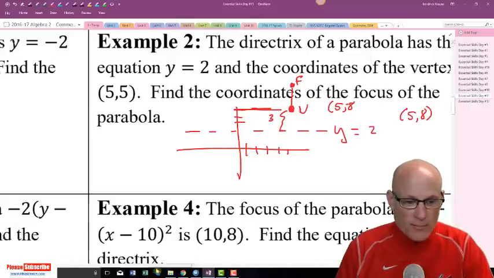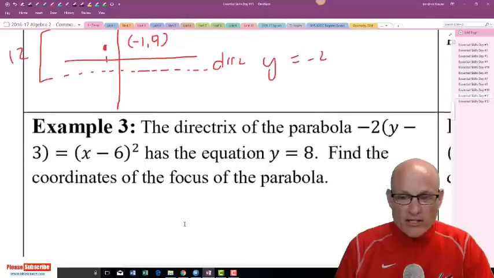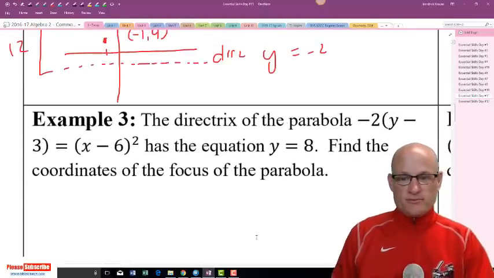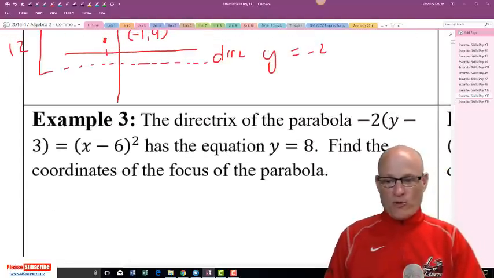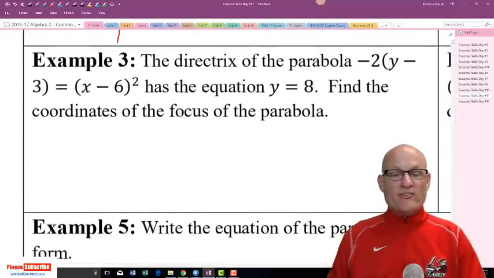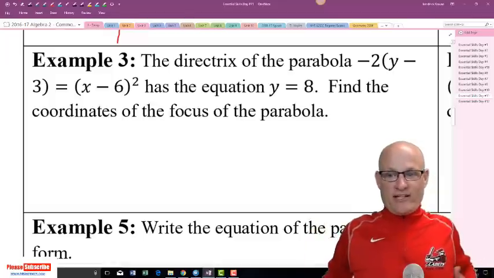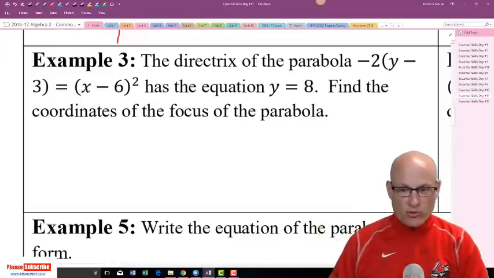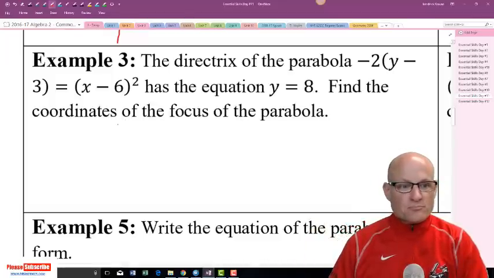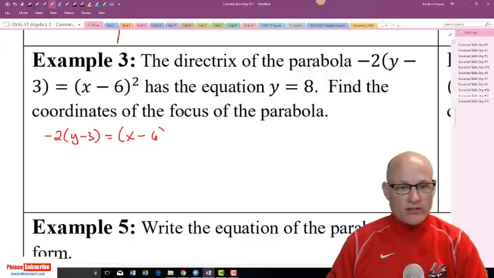I'll blow these things up big. The directrix of the parabola is given; find the coordinates of the focus of the parabola. This is a classic example of, I didn't give you enough room, first of all. But let's just graph this thing. So I'm going to plot -2(y - 3) = (x - 6) squared.